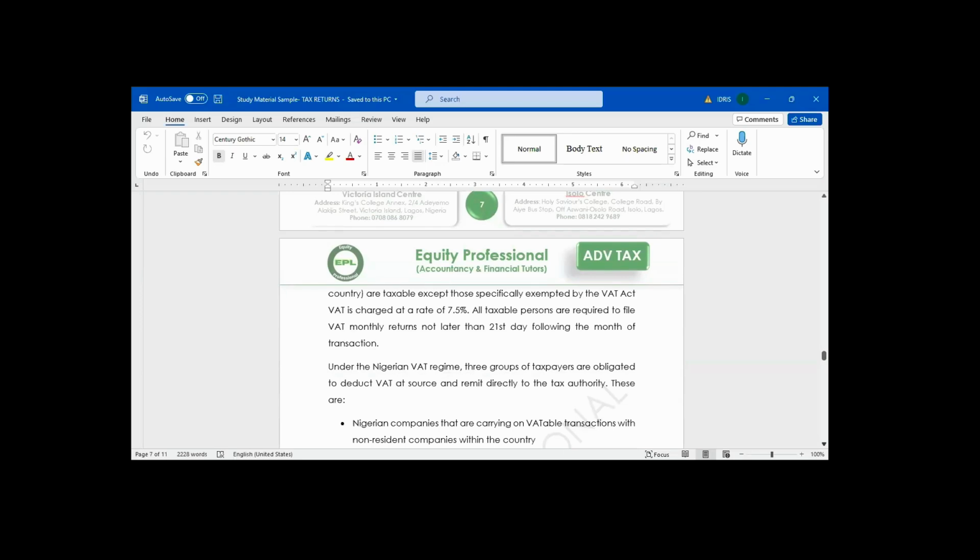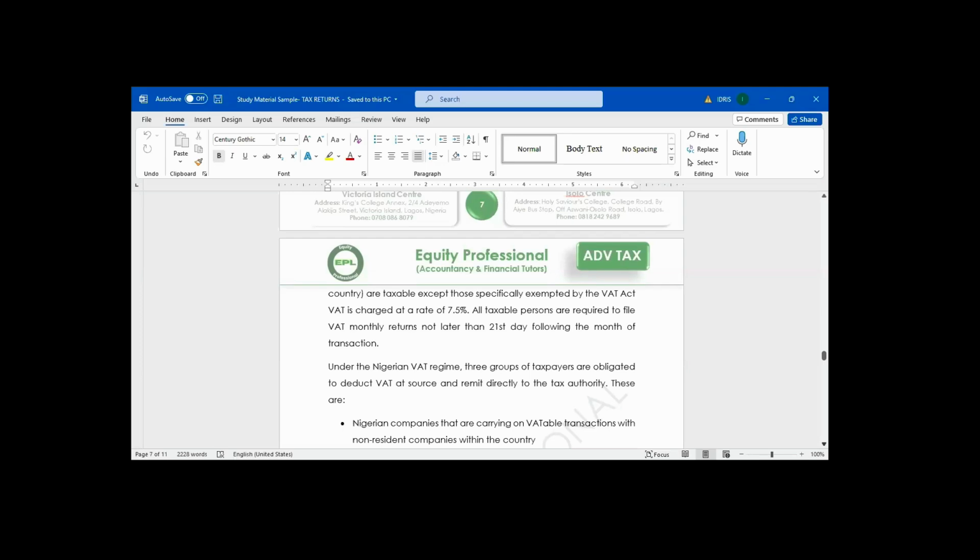That means the value added tax return for the VAT collected in June must be filed not later than 21st of July.